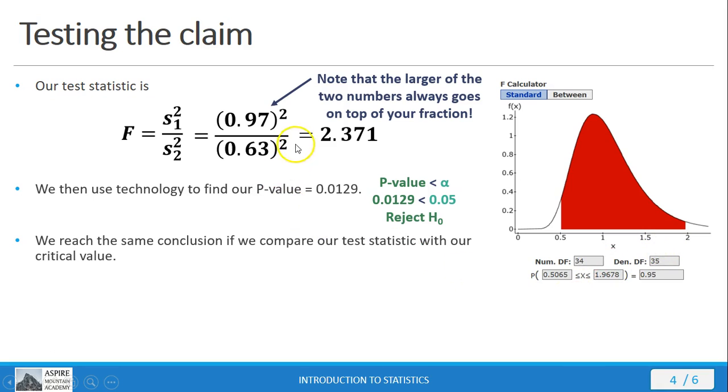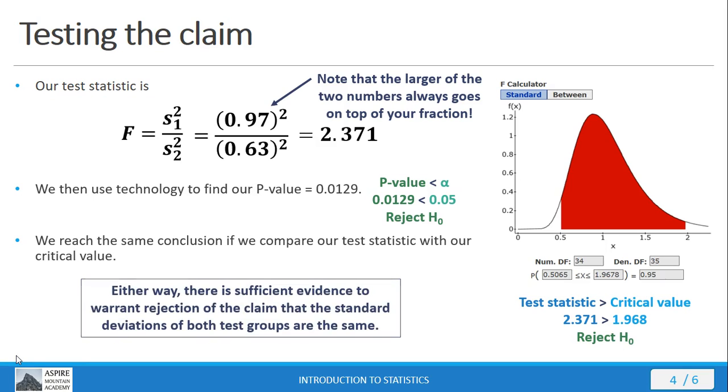Our test statistic, 2.371, is going to be off over here in the right tail. You're inside the tail, therefore you're inside the region of rejection, and you reject the null hypothesis. So either way you look at it, it's going to come out the same way.